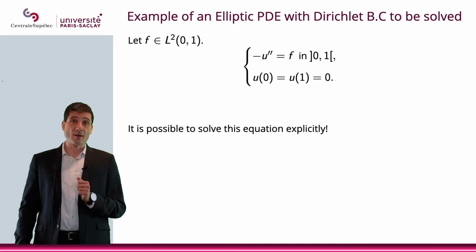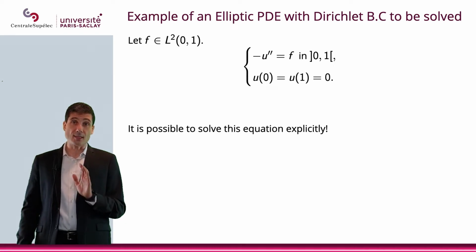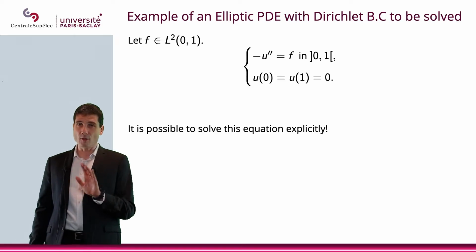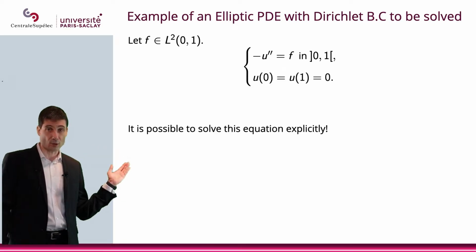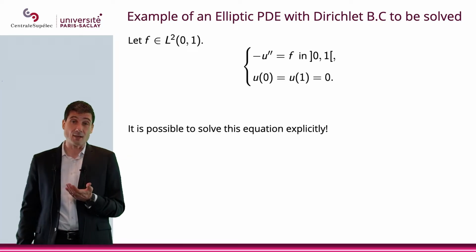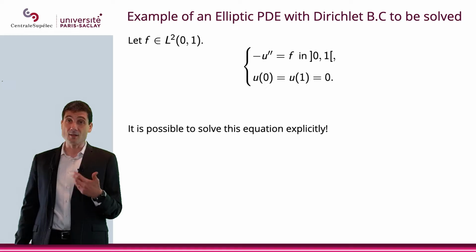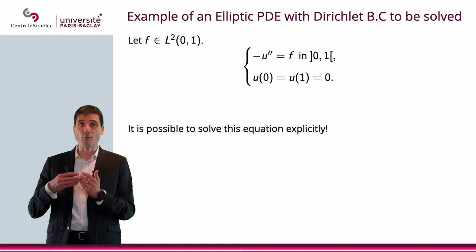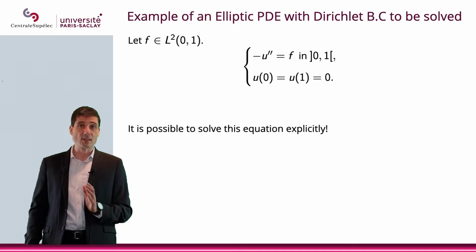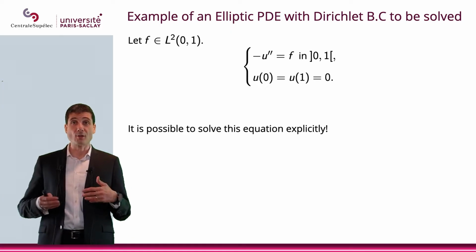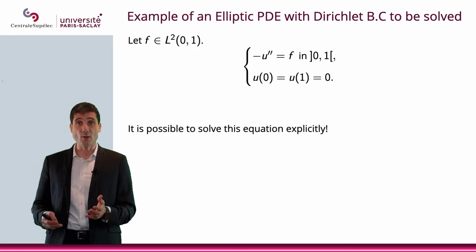So what I would like to say, though, is that some of you might be thinking it's a little weird that we're doing all of this to study this equation, because we know how to solve it explicitly, obviously. All you need to do is to take the antiderivative twice. So it's not exactly groundbreaking, but I'm trying to explain to you how this works, and you can adapt it to more complicated equations.